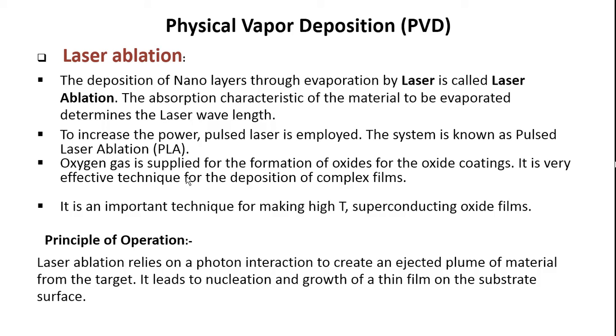Actually, the laser causes the plume of the material to be deposited upon the surface of the substrate, so it leads to nucleation, and that nucleation causes a thin film to grow on the substrate surface. That is the principle of operation of laser ablation.